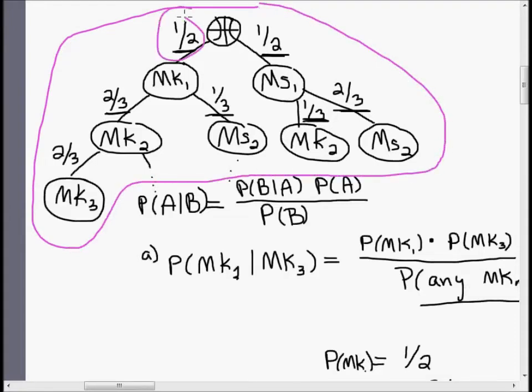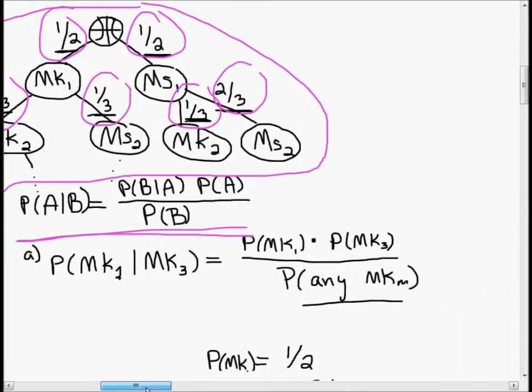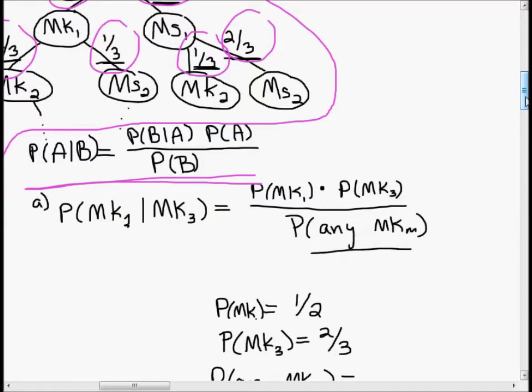We put down our various probabilities at different stages, and honestly we could have solved this by going down the tree, but we didn't. We used this formula. That's the standard form, and I tried to break this down into what I think of for each of these. The first part of the problem, part A, asked what were the chances that he made the first shot given that he made the third shot.